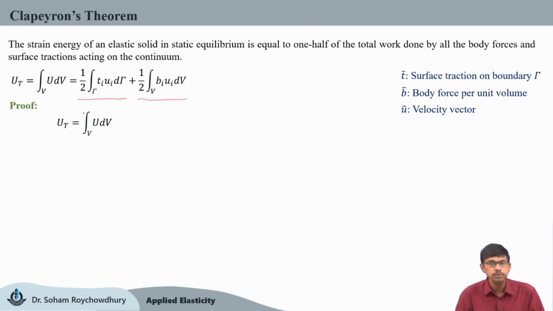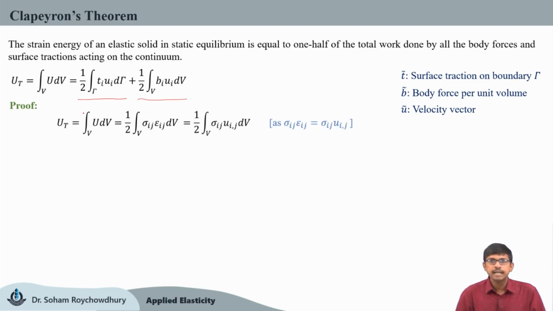Now, if you try to prove this, Ut, the total strain energy, is the volume integral of the strain energy density function, integral of half sigma ij epsilon ij. And as we had already proved, sigma ij epsilon ij is the same as sigma ij ui comma j.